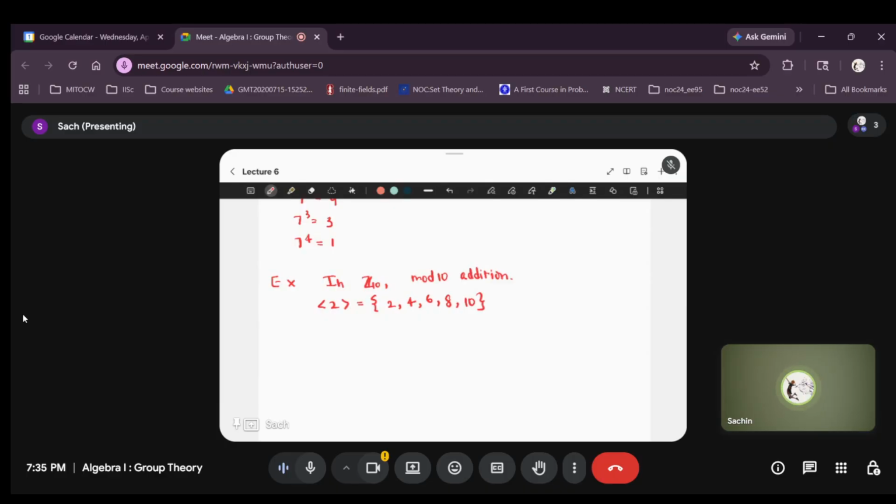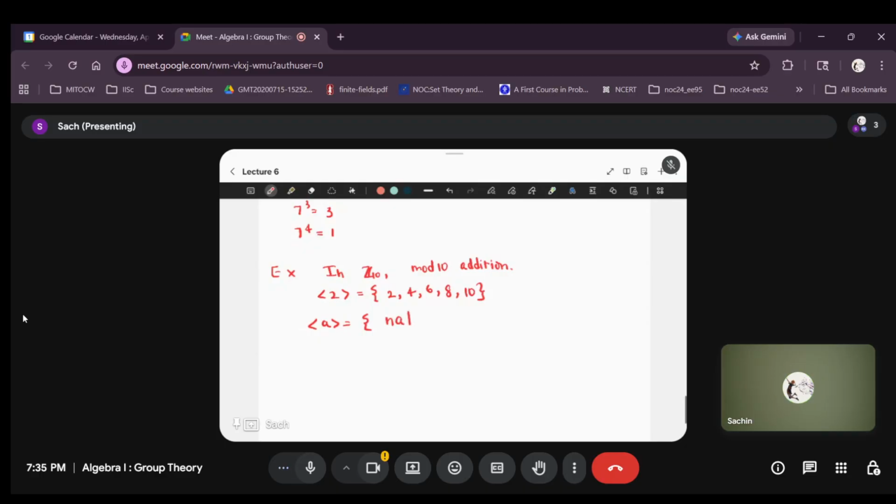Why I did this example is because since it's an additive group, the subgroup generated by A is, instead of powers of A, multiples of A. This multiple of A means that you add A to itself, and there are n terms in the sum.